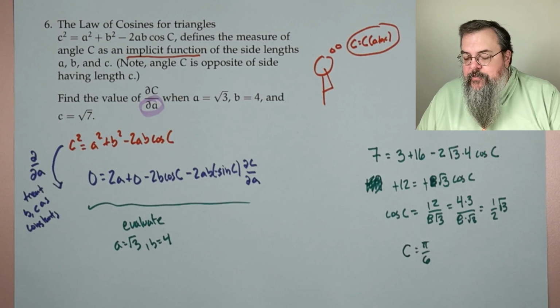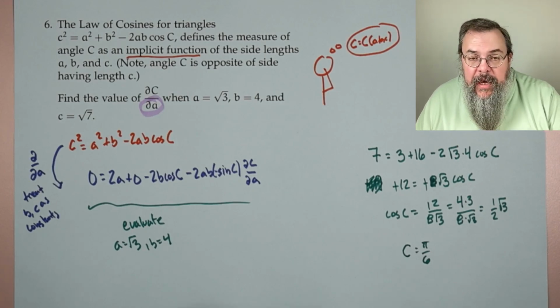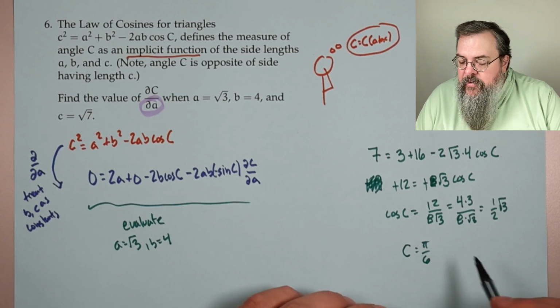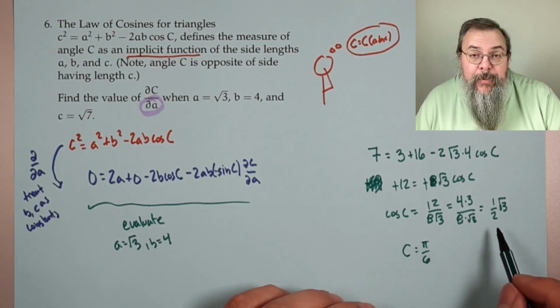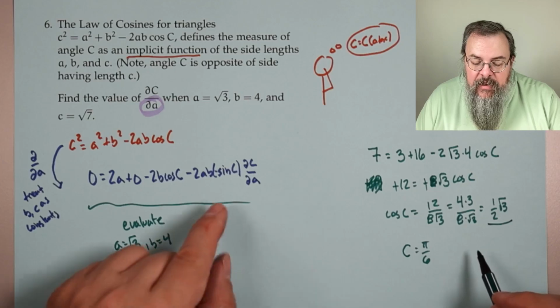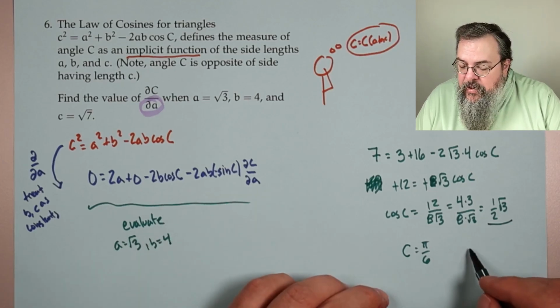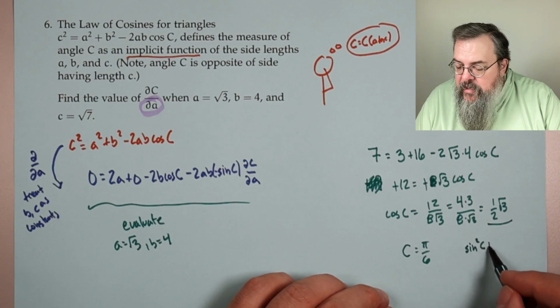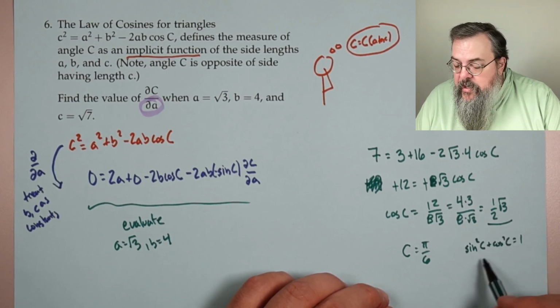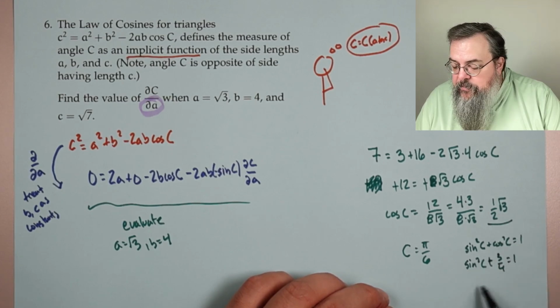Now, we don't have to actually know that, because notice we really need cosine C and sine C. So if it had been a weird number that we didn't recognize, we could say, well, look, we know cosine C. How can you get sine C? Well, you could say, look, sine squared C plus cosine squared C equals 1. And so sine squared C plus square this, 3/4 equals 1.